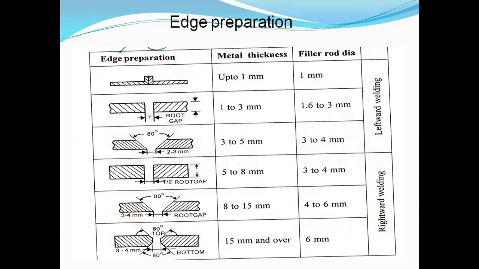Up to 1 mm thickness, filler rod diameter is 1 mm; for 1 to 3 mm, 1.6 mm. This is for the leftward technique and this is for the rightward technique. Edge preparations are like this: square butt weld, single V butt weld, double V butt weld. This is double V butt weld, single V butt weld, square butt weld, based on the thickness.